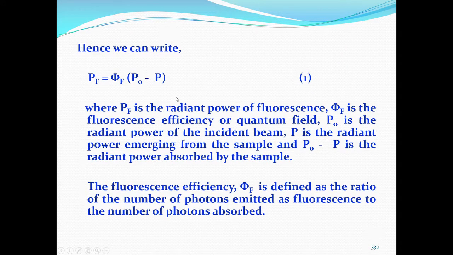So, we can write the total fluorescence Pf, radiant power of fluorescence, must be a function of fluorescence efficiency, that is phi f, and related to the incident and emitted light, that is P naught by P. So, the energy difference P naught minus P is a function of Qf.